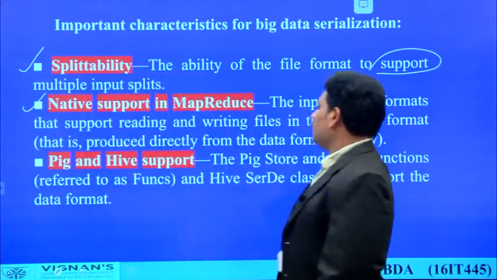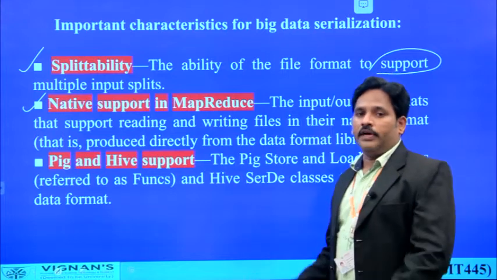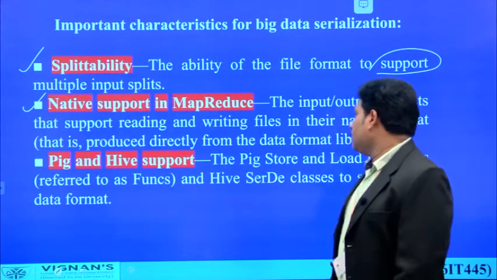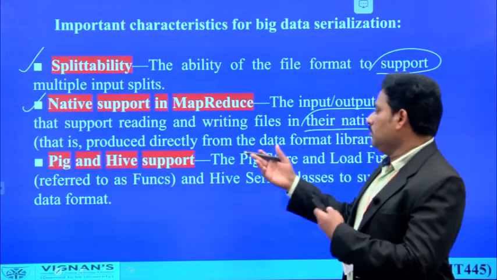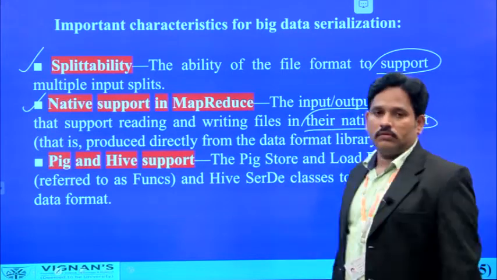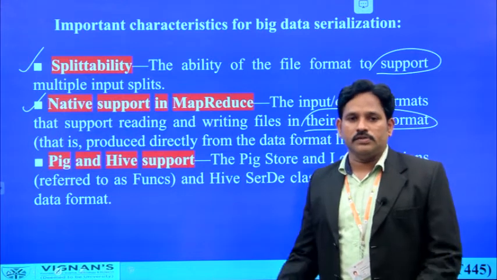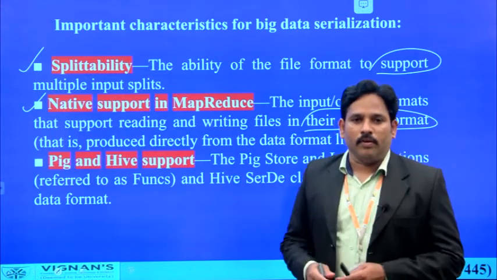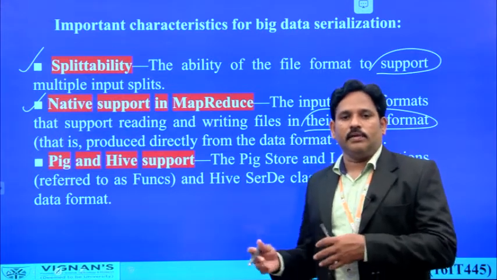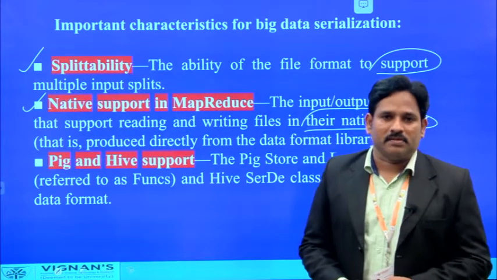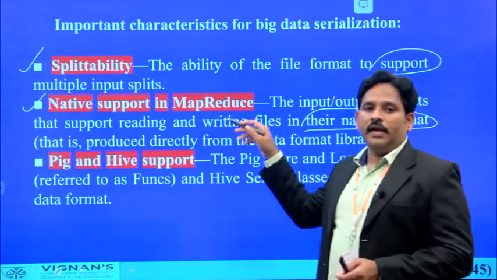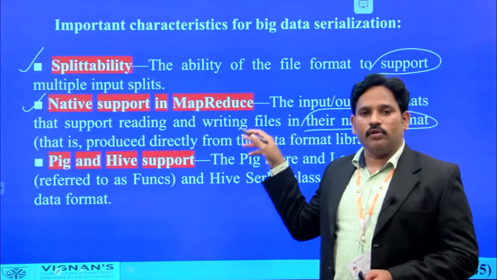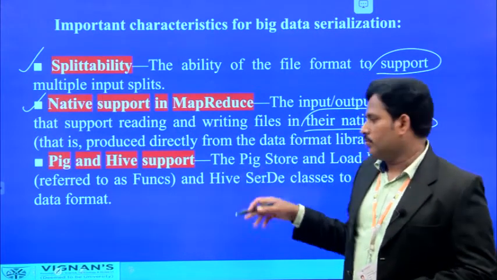That means providing support for reading and writing of files in their native format. Instead of using a global language, let us take we are using our big data environment for the Chinese language or Japanese language. Now, when they are doing reading and writing operations in their native environment, it has to support that.